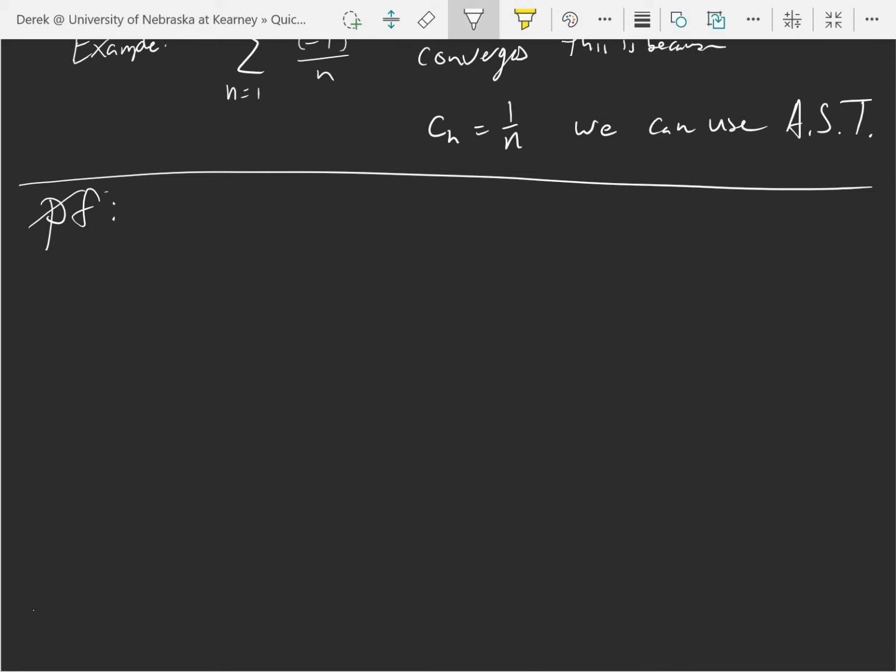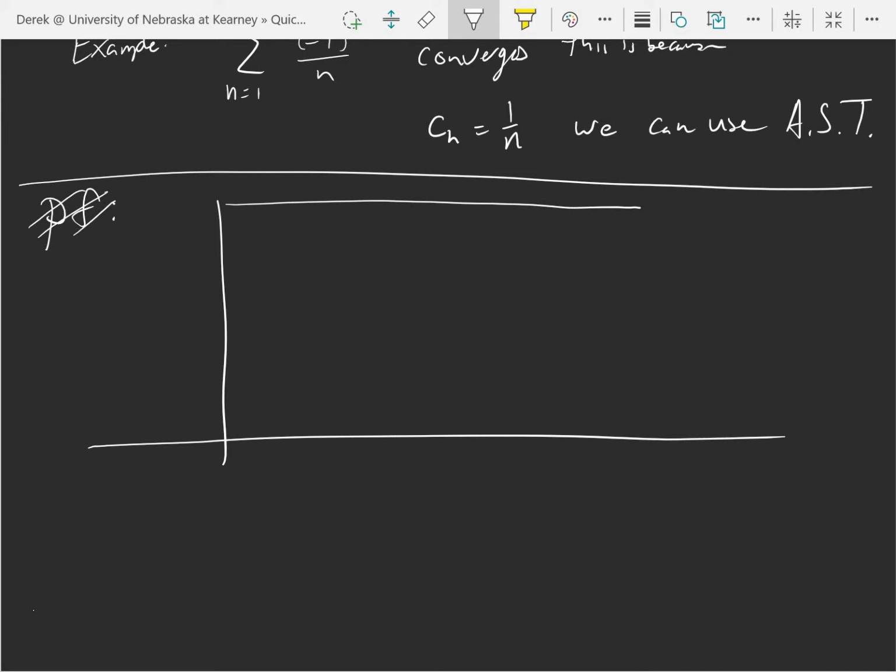And let me show you the picture first. The first thing I'm going to add, I'm going to start up here. I'm going to go out to the right c sub 1. So c sub 1 is over here. And then from there I subtract the next term, but the next term is smaller than the previous one.